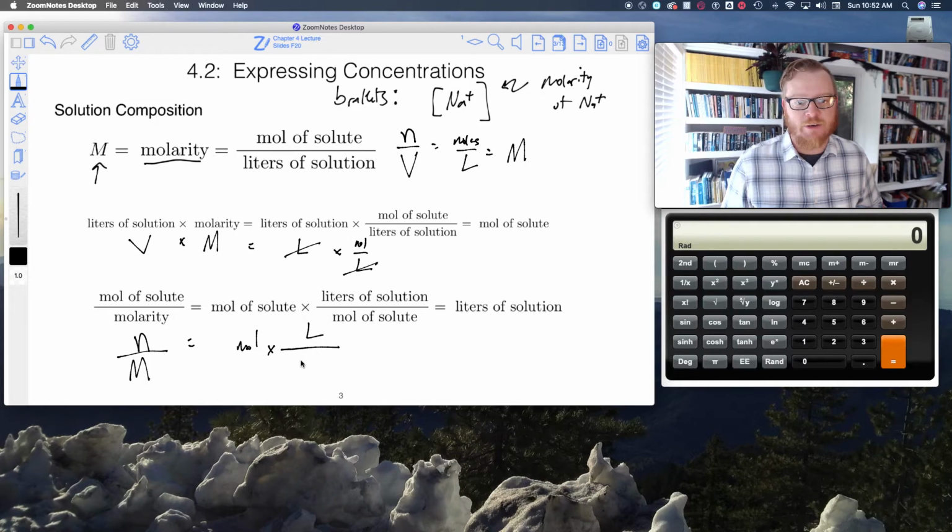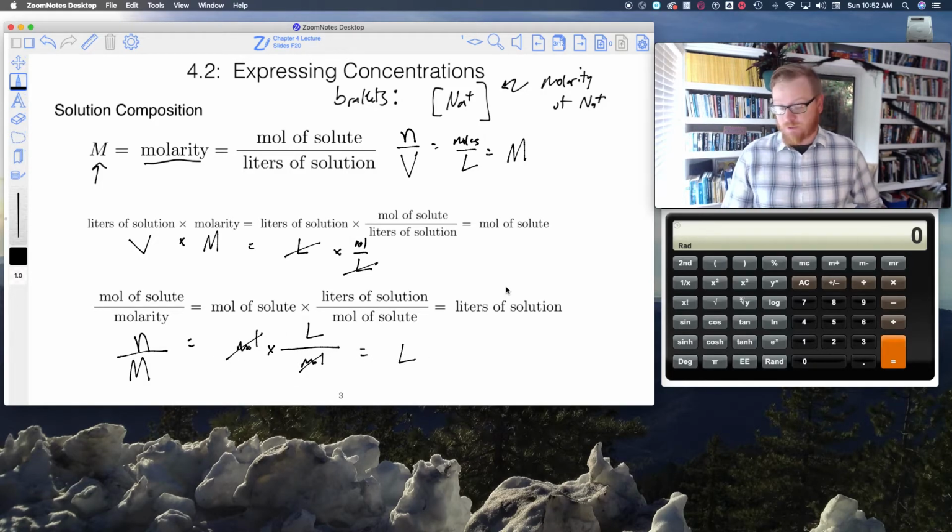It now becomes liter over mole. The moles cancel, which just leaves us with liters.